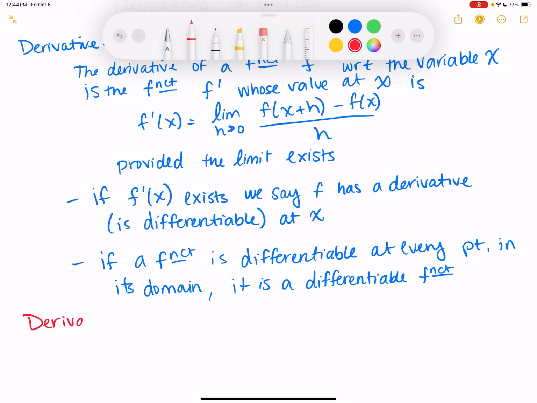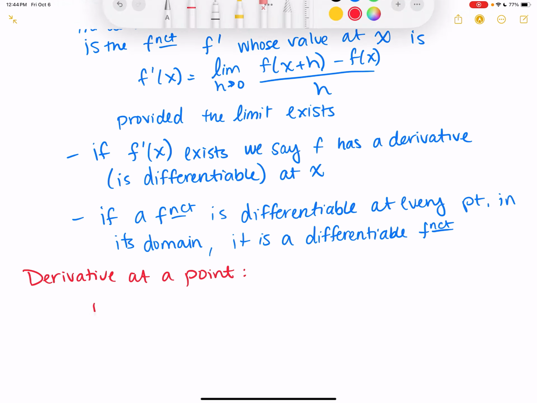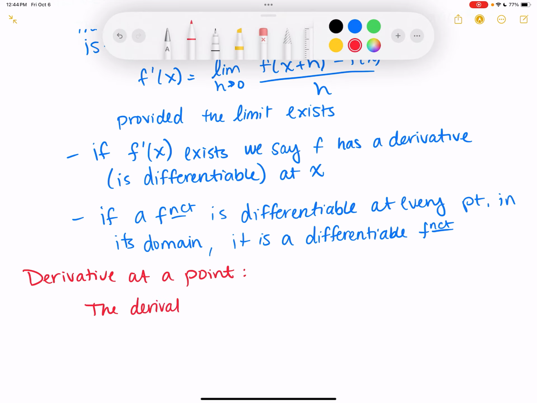Next, the derivative at a point. So this is going to be another definition. The derivative of a function f at the point x equals a is, hold on, I want to make sure that's written right.